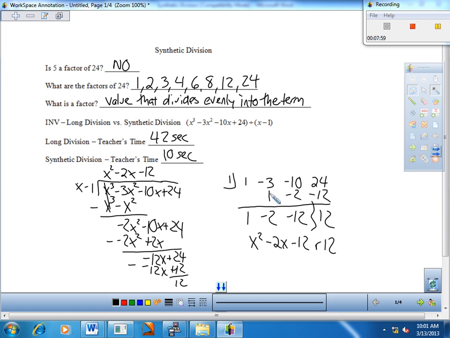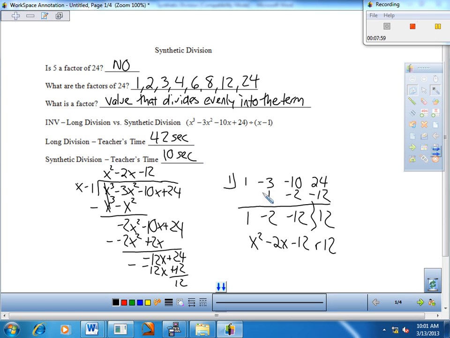What operation did I do with these two to get this? I did addition. And of course, the reasons go hand in hand here. Instead of x minus 1, I used positive 1. So I used the opposite in the divisor, and as a result, I needed to compensate for that and do the opposite operation going down. Instead of subtraction, I do addition.